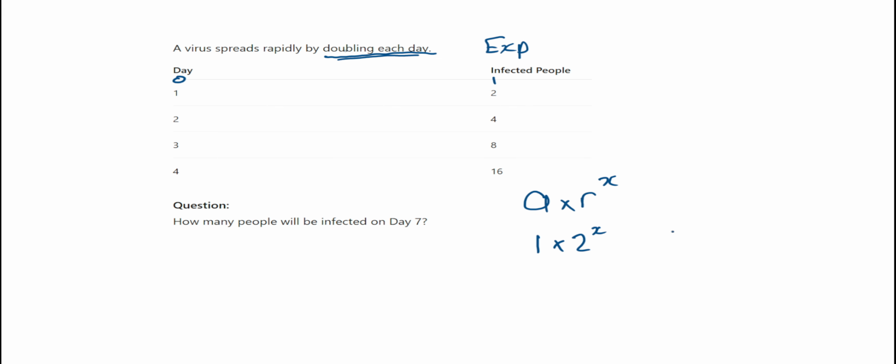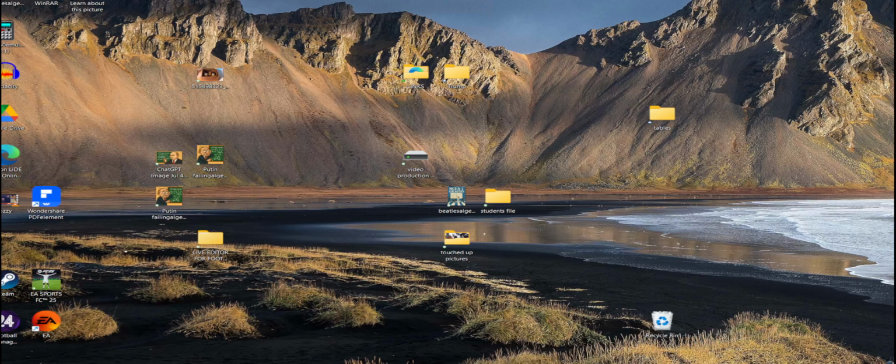So let's test it. 2 to the power of 4, does that equal 16? Yep, it does. So the amount of bacteria is going to be 1 times, and I'm going to leave that 1 there, 2 to the power of 7. If you do computer science, you should know that straight off the top of your head, but I'll just do it. 2 to the power of 7 equals 128.